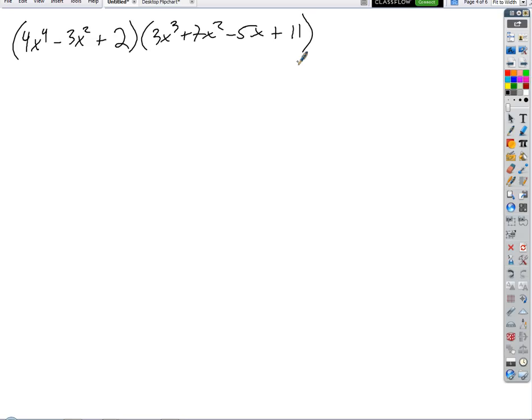Okay, so how might that look then? If I distribute the 4 through, what am I going to get? Okay, so, 12x to the, you know what I want to do? Let me do one little thing here.